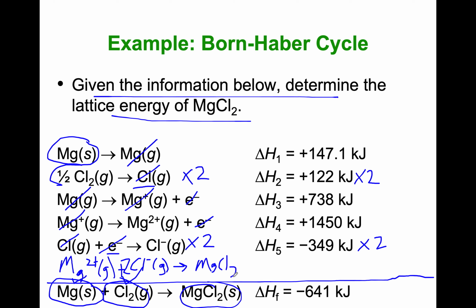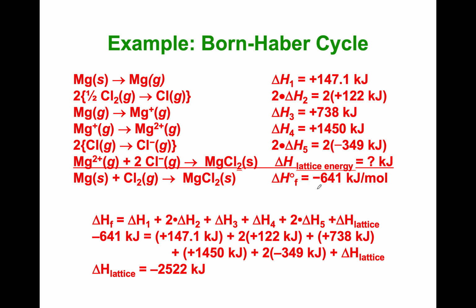So every step is added, and we named them all in the previous slide. But the one that really stands out is the enthalpy of lattice, and that's what is being asked for. Now that we have our Hess's law plan all laid out, we can adjust for it.